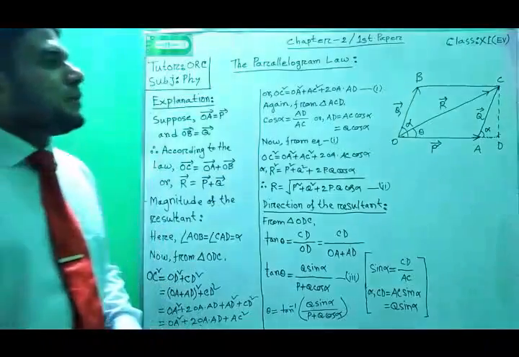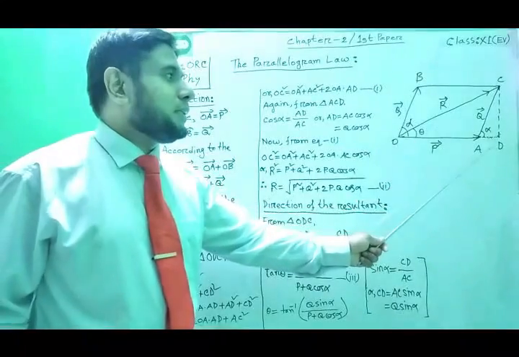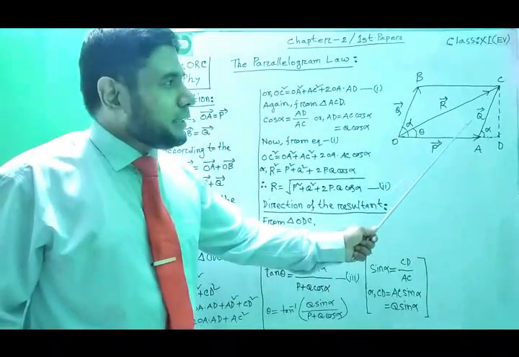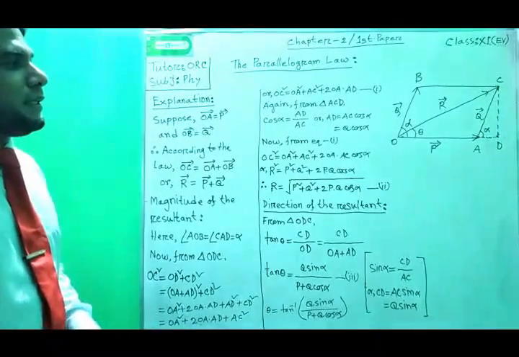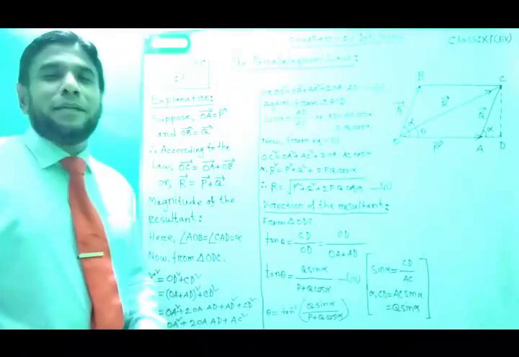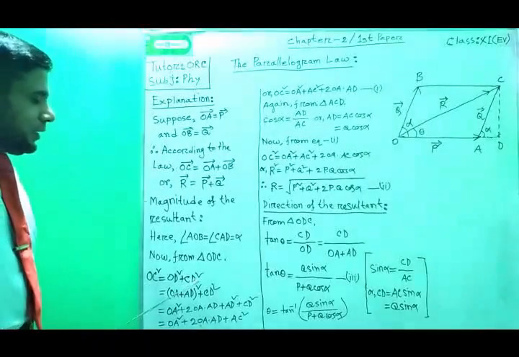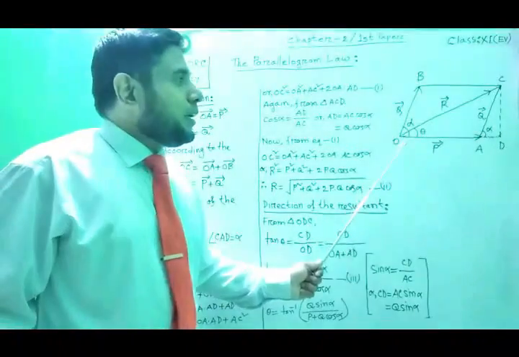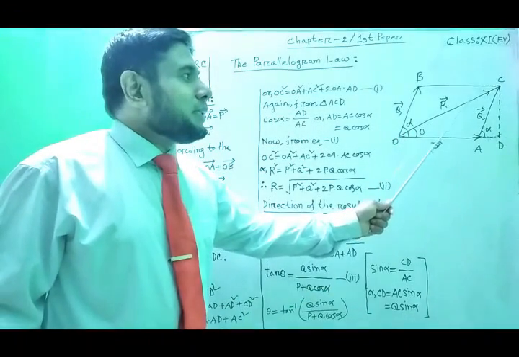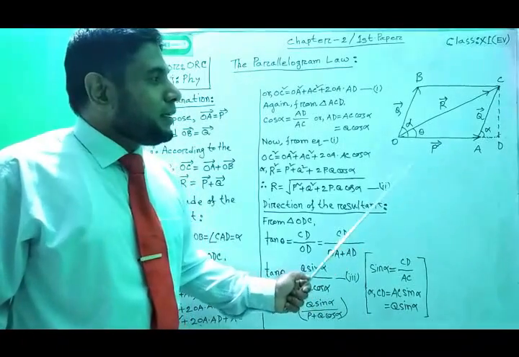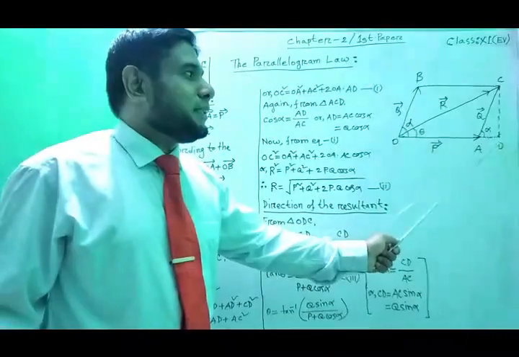Now you can see OCD is a right angle triangle. From this right angle triangle we can easily get an important piece of information according to the Pythagoras law. The square on the hypotenuse OC will be equal to the squares drawn on OD and CD.